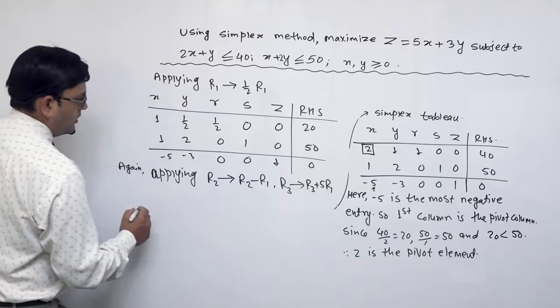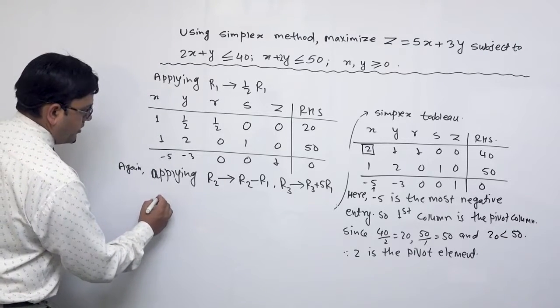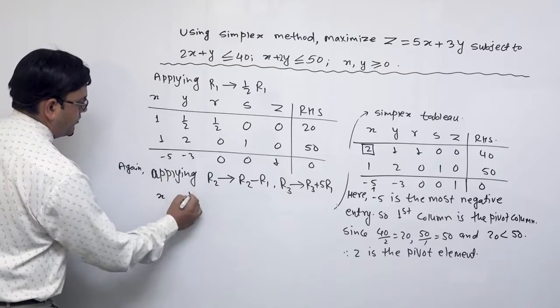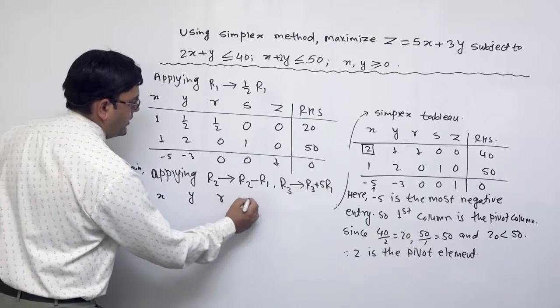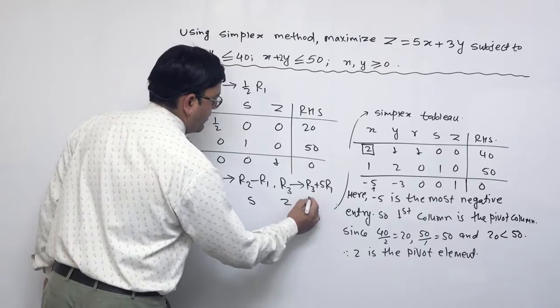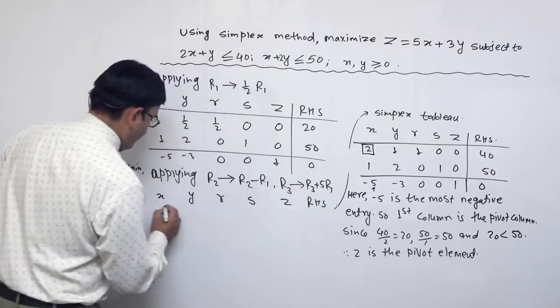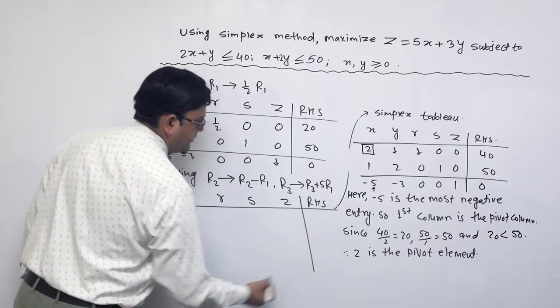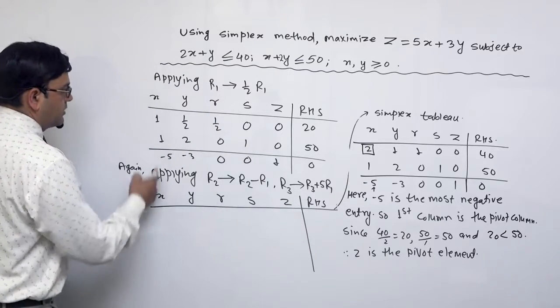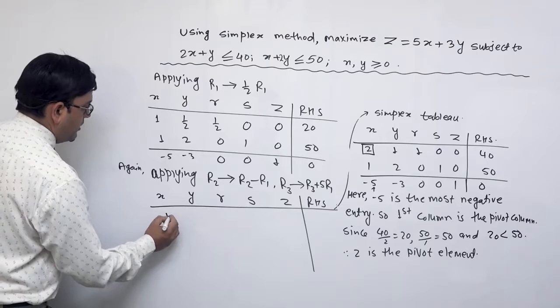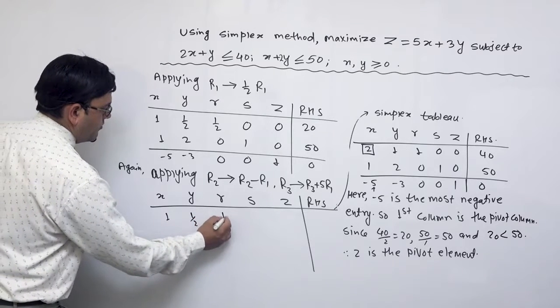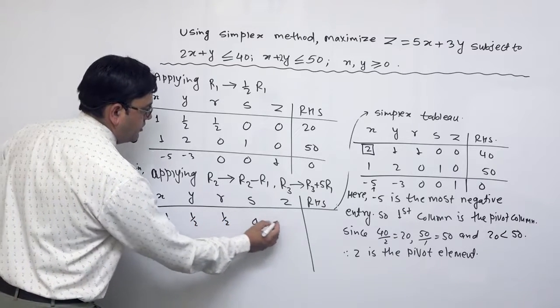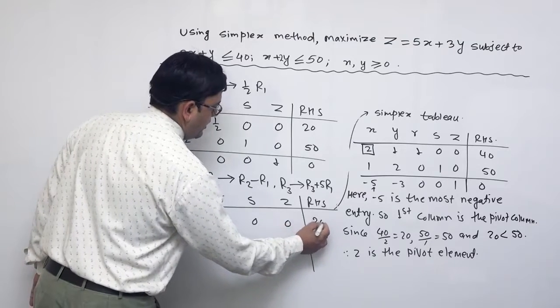So now look, X and then Y, R, S, Z and RHS. Now let's see, X first we have to write as it is, no change: 1/2, 1/2 and then 0, 0, and this one is 20.